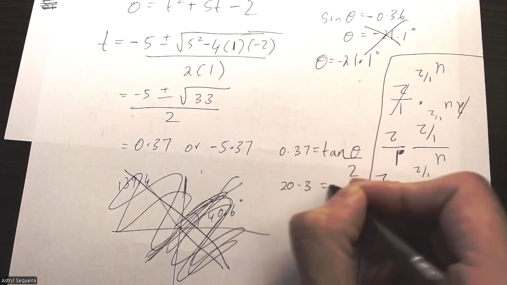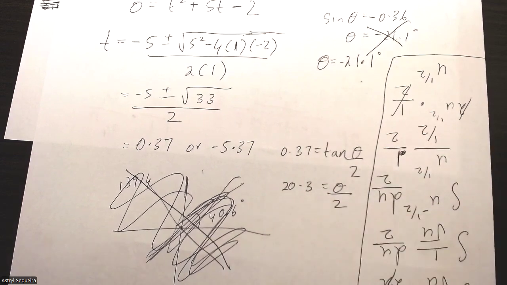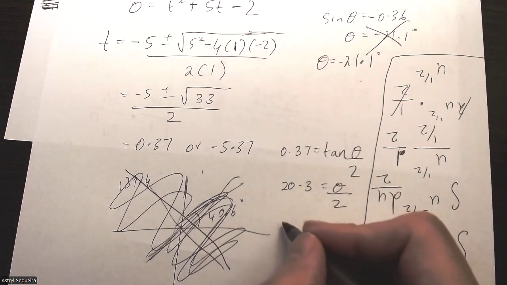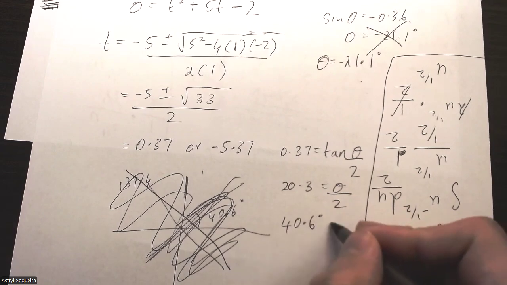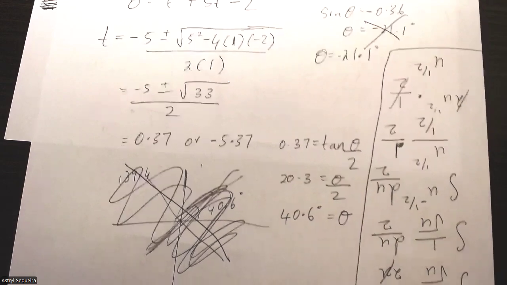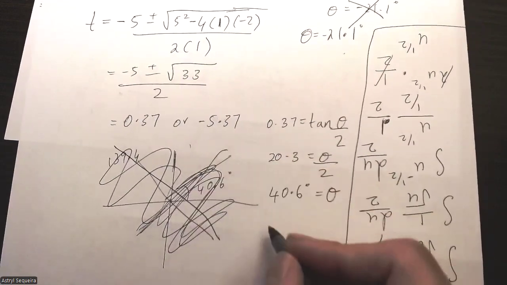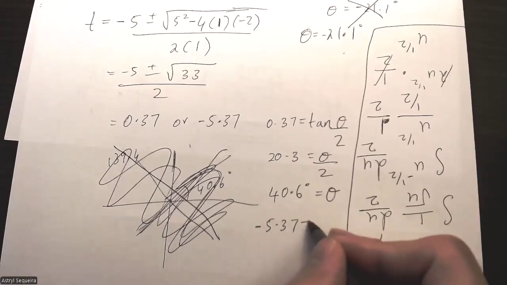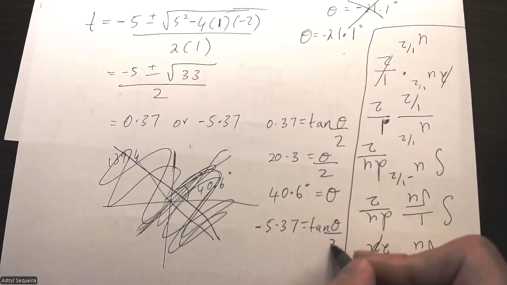And 8.3 equals theta over 2, and then multiply my solution by 2. 40.6 degrees is my first solution.